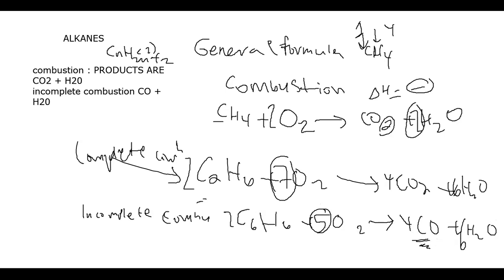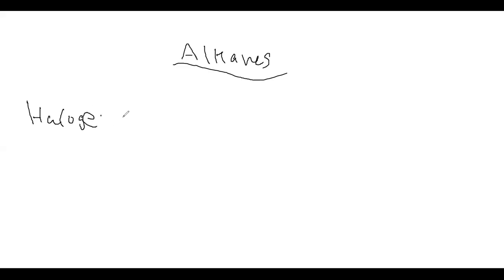So some more reactions of alkanes that we're going to see. We're still on alkanes. So it's something called halogenation, and this is going to happen in the presence of light. Halogenation.